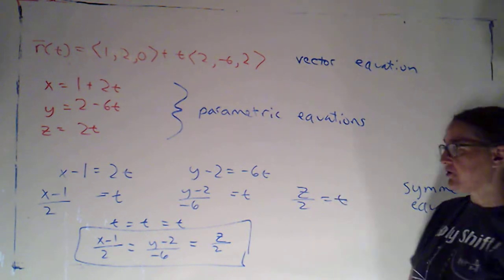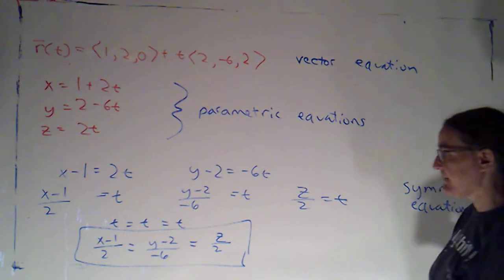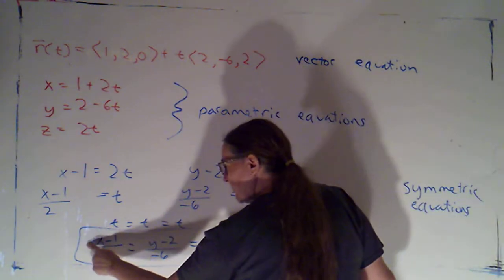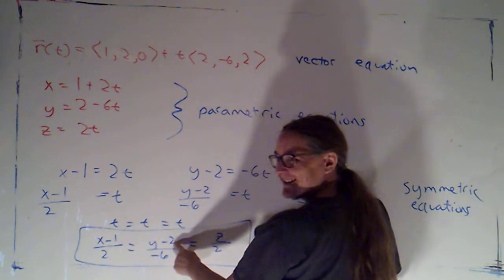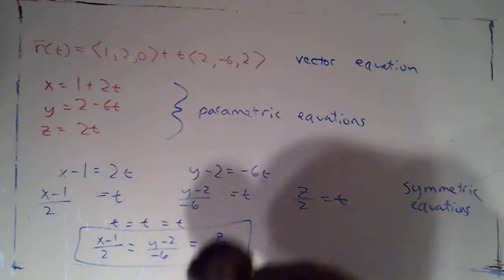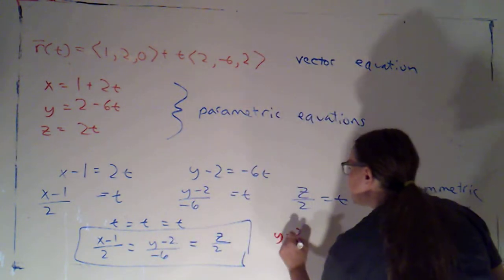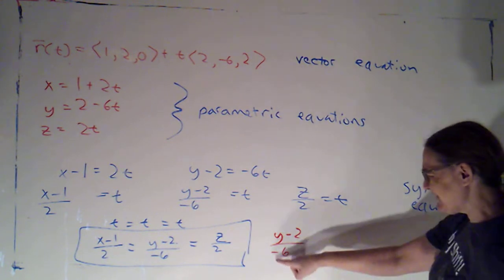This is the standard form for the symmetric equations that I have. Notice I've got one copy of x minus a number, one copy of y minus a number, and one copy of z. With y minus 2 over negative 6, it sometimes looks a little bit weird to have a negative on the bottom.